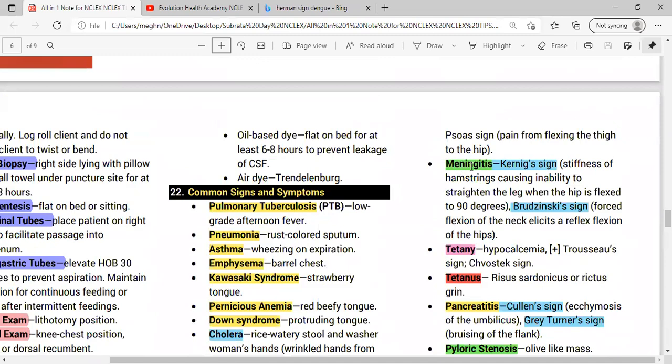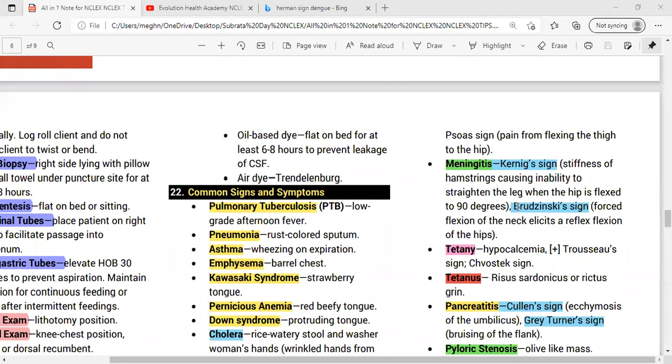Next, in case of meningitis, which means inflammation of the meninges that cover our brain, if the patient has meningitis, we find Kernig sign and Brudzinski sign positive. Kernig sign means stiffness in the hamstring, causing inability to straighten the leg when the hip is flexed.